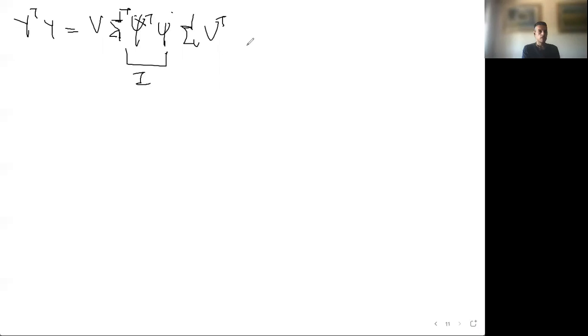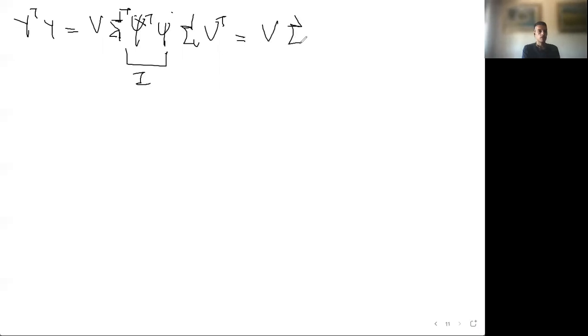On the other hand, if I compute Y transpose Y, this is equal to V Sigma transpose Psi transpose Psi Sigma V transpose. Psi transpose Psi is the identity.